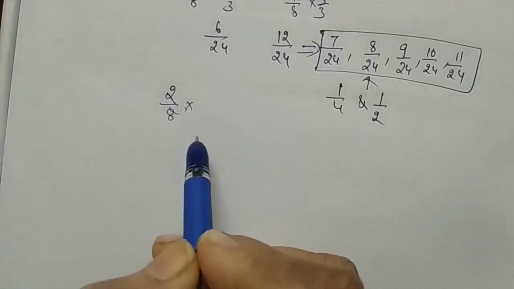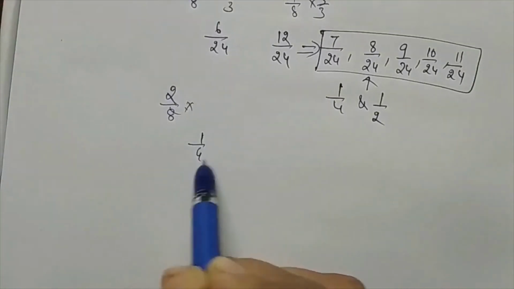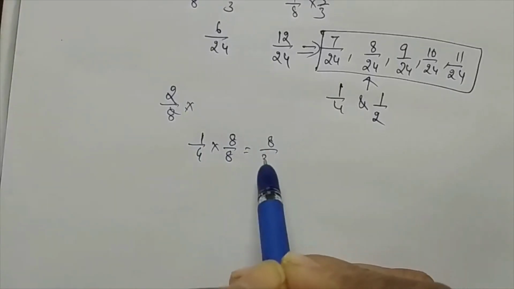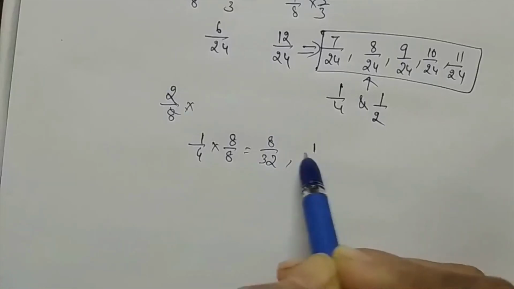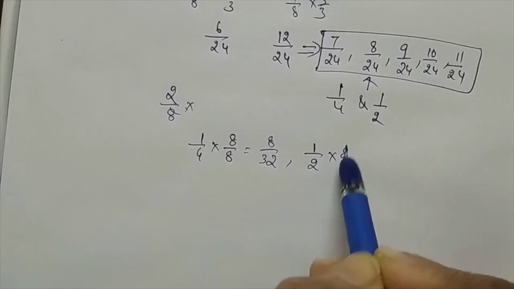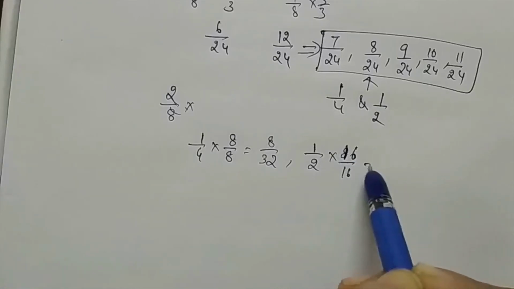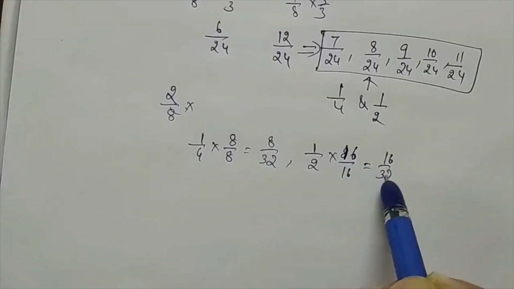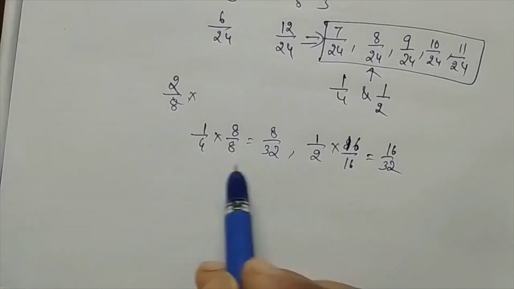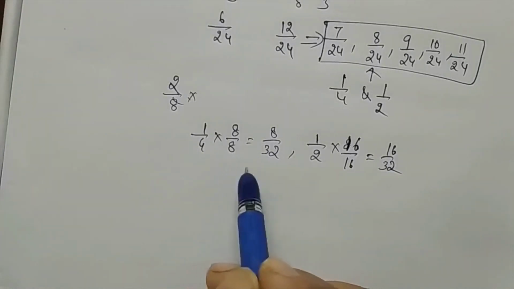Also we can multiply our rational numbers 1 by 4 into 8 by 8, that is 8 by 32, and 1 by 2 into 16 by 16, that is 16 by 32. And we can list down the rational numbers between 8 by 32 and 16 by 32.